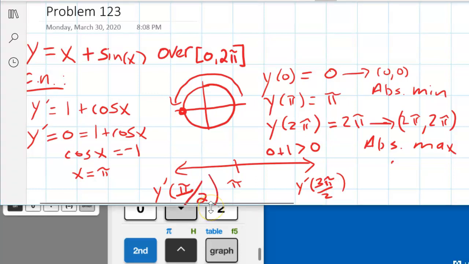A little finicky there. And at pi halves, the cosine of pi halves is 0 again, and 0 plus 1 is 1. So notice that the derivative is positive. At pi, it goes to 0, and then it's positive again. And so it doesn't actually change. It's increasing, increasing, goes to 0, and then increasing, increasing.